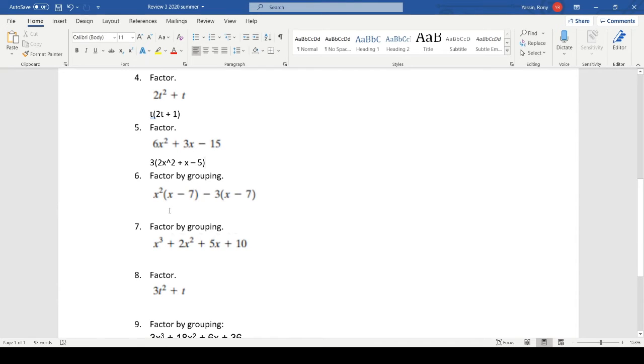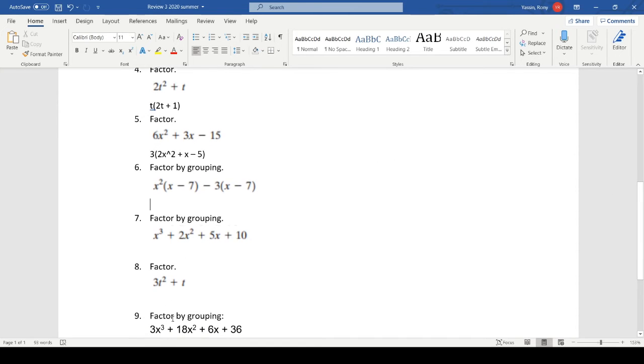Okay, so the next problem is factor by grouping. If you remember the notes on factor by grouping, you actually have to take it piece by piece. Factor by grouping is basically finding a binomial common factor, but there's a shortcut with a few of these problems.